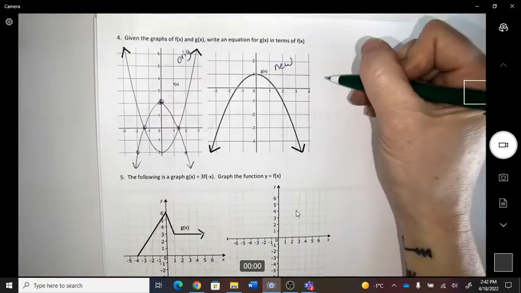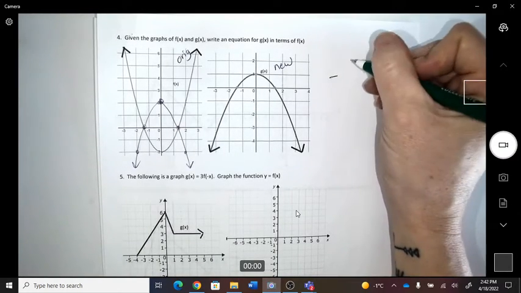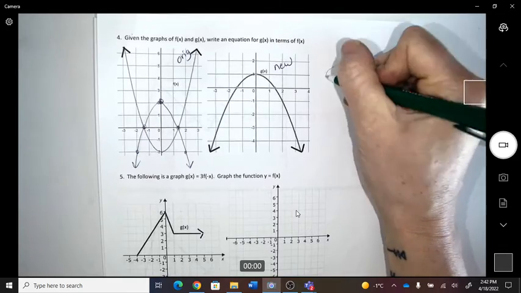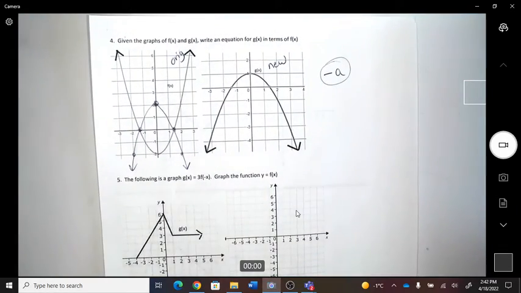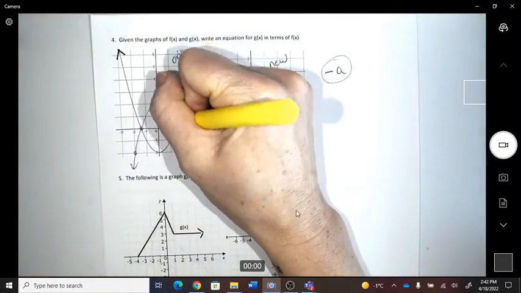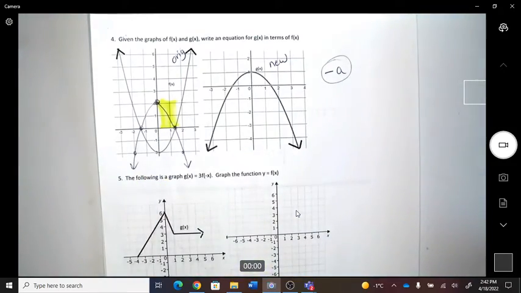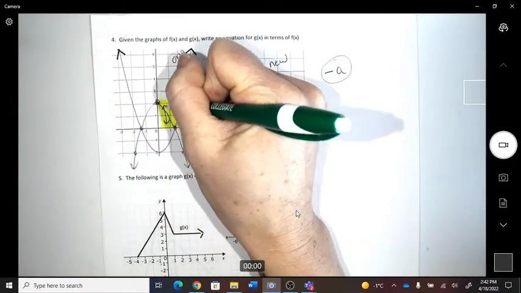Okay, so we reflect, which means what? What's going on? Negative A or B? I need a negative A. Okay, what else is something you see? It looks like it's getting squished, and here's kind of my thinking. What's the vertical space between these 2 points?